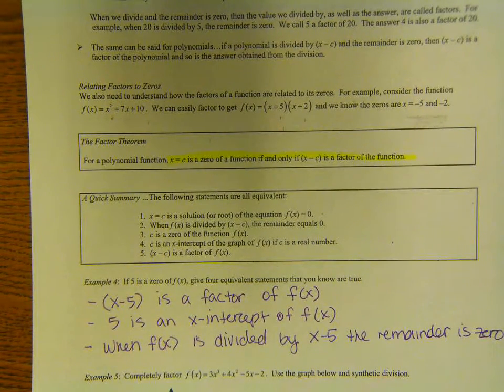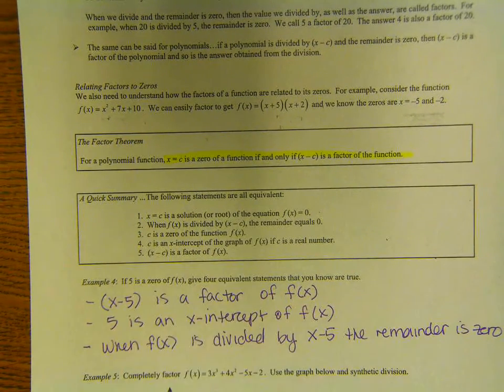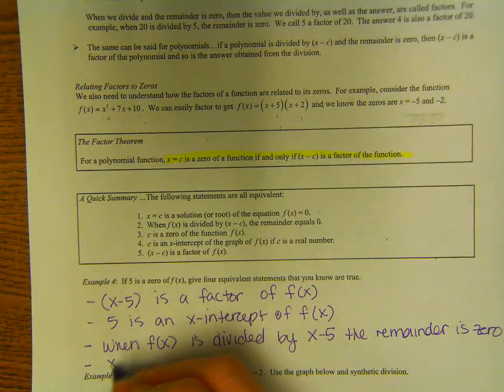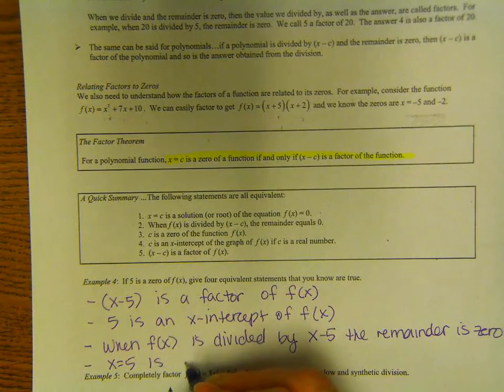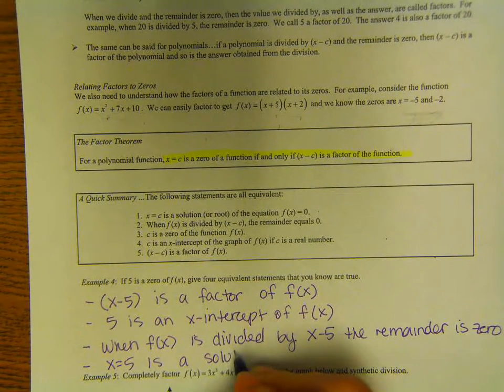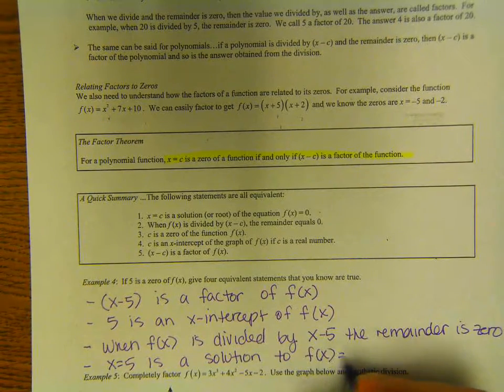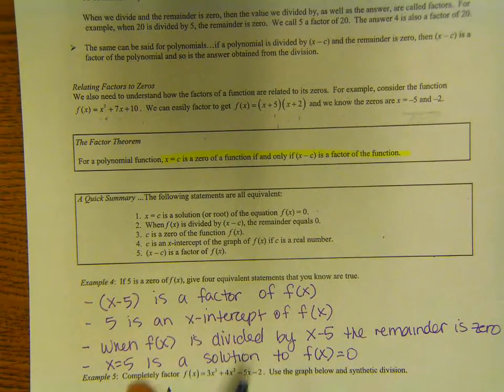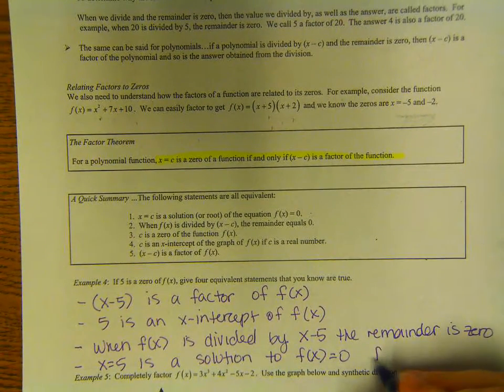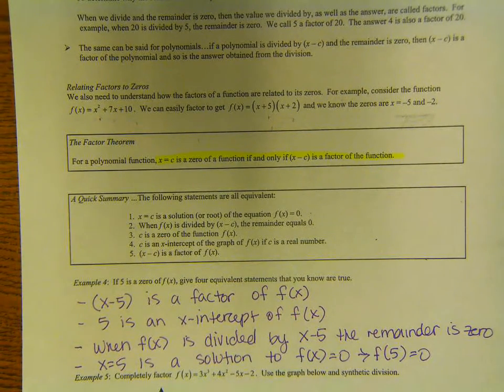And then the last one would be x equals 5 is a solution to f of x equals 0. And guys, this is just a fancy way of saying f of 5, if you plugged 5 in, you would get a 0. So if you'd rather state it that way, if that makes more sense to you, that's what that really means.